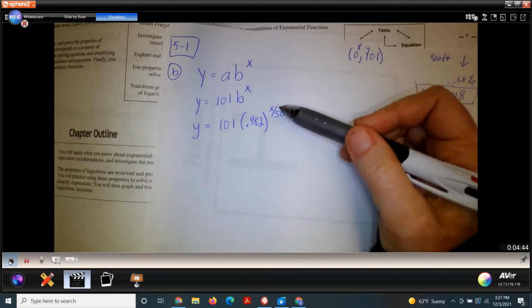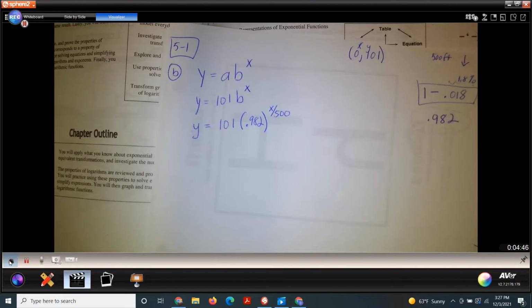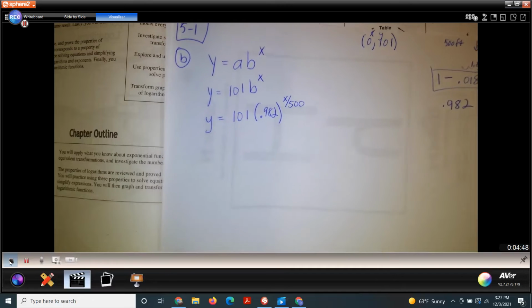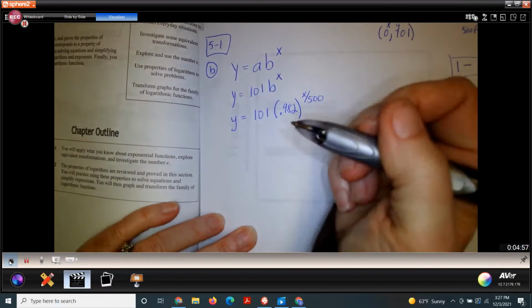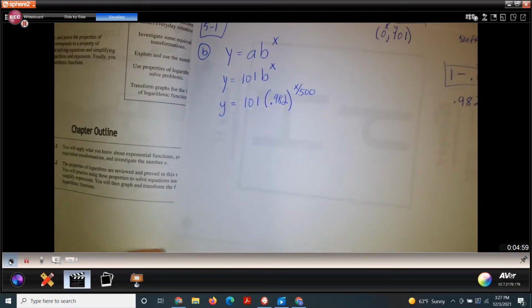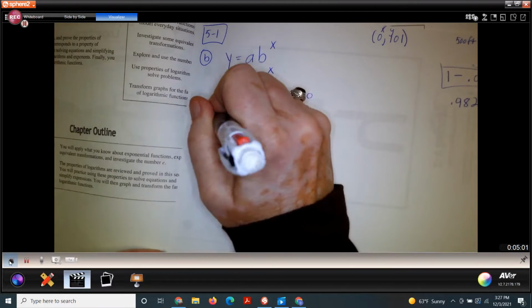So it's time per 500 feet. So hopefully that is satisfactory to explain it.